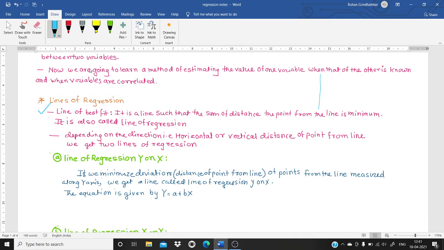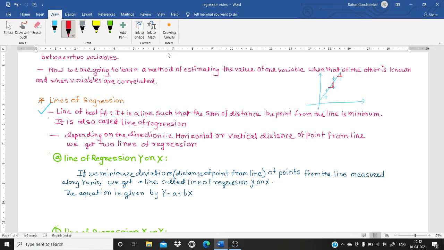This is my y-axis, this is my x-axis, and here I have plotted some points in a strip. Now this is my line of best fit. So from every point I can measure the distance of the line from the point either horizontally or vertically. That means I can measure this distance or I can measure this distance. Similarly for this point also I can measure its horizontal distance or vertical distance.